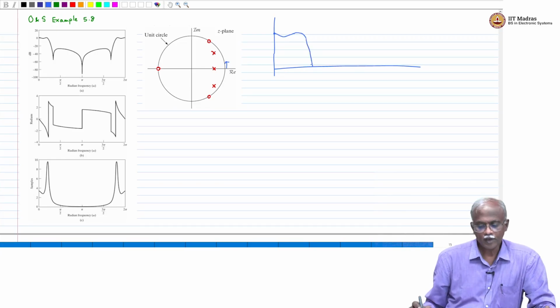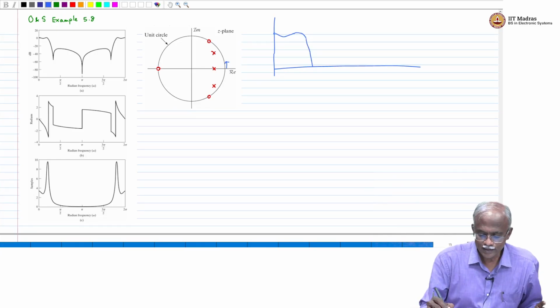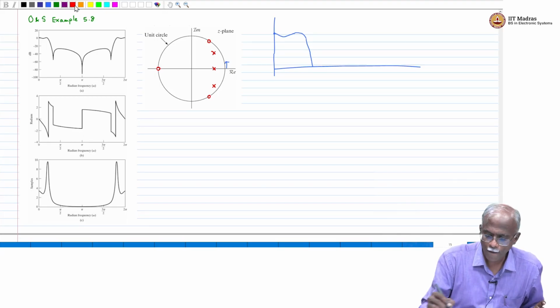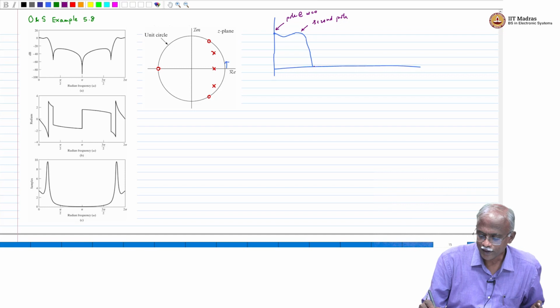The transfer function will come down here. This is due to the first pole, the pole at omega equal to 0. This is the effect of the second pole, and this is the effect of the 0.